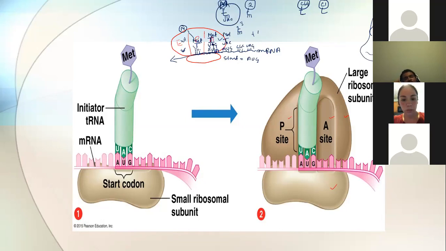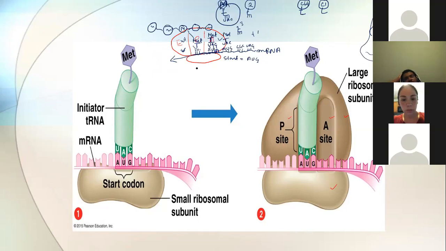So the second amino acid comes and attaches to the first one, then the third amino acid comes and attaches to the second one. That's how the cell makes a polypeptide chain. That's the whole protein synthesis scenario.